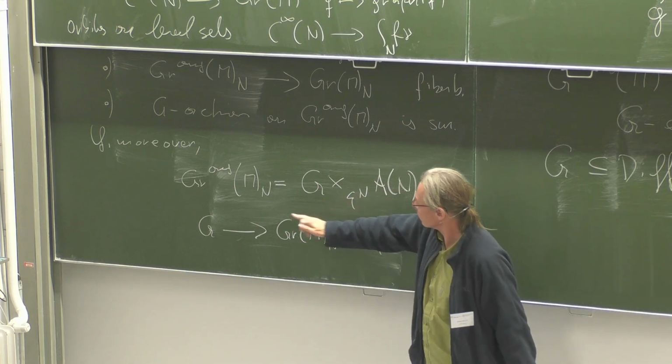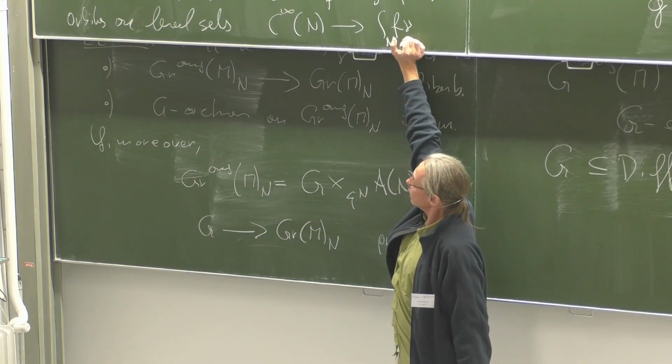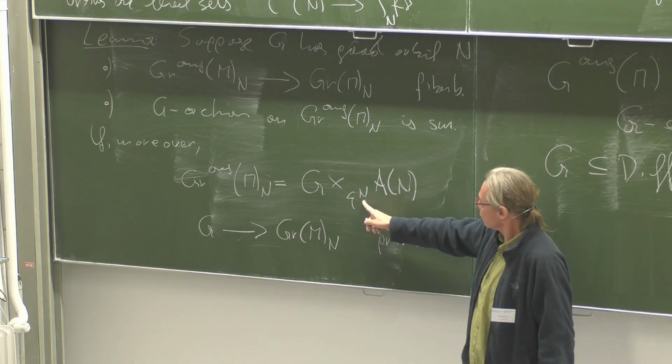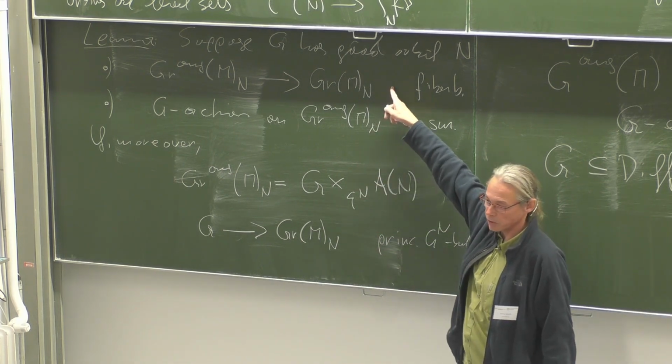The smooth structure on the associated bundle is the smooth structure you would use if we have good isotropy, but you do not have to assume good isotropy. You can put the smooth structure anyway.